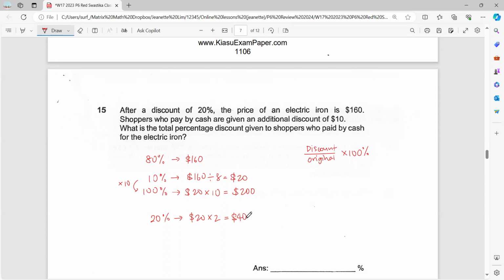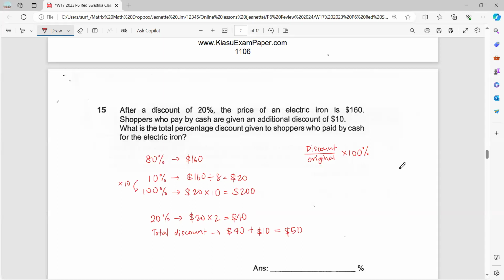So the total discount is 40 plus 10, not minus, because you are getting more discount. Now you're not just saving 40, but $10 more. So total discount is $50.